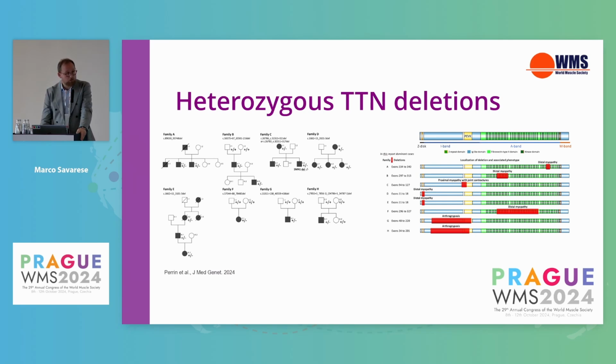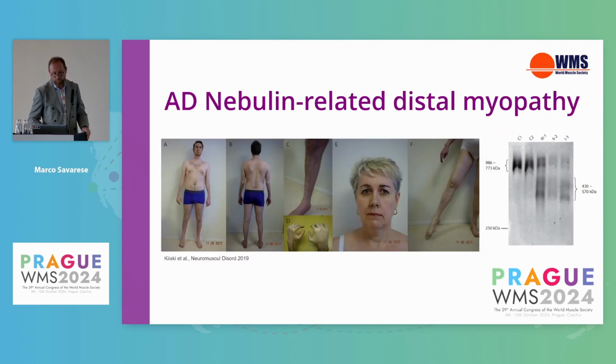But be careful, because you can have copy number variants, which means, once again, you should always ask the labs if they perform a copy number variant analysis on your genetic data. In titin, intragenic deletions are more common than what we thought a few years ago, and unfortunately the genotype-phenotype correlation is not so easy because it depends on the size of the deletion and on the specific location of the deletion.